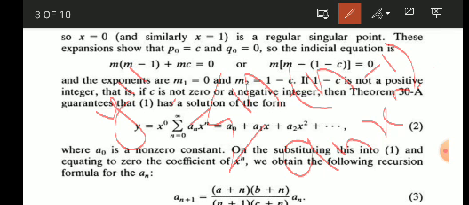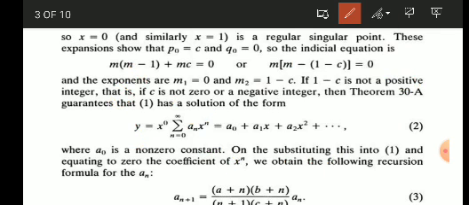Then we apply these values in the Gauss hypergeometric equation x into 1 minus x y double dash plus c minus a plus b plus 1 into x y dash minus ab y equal to 0.